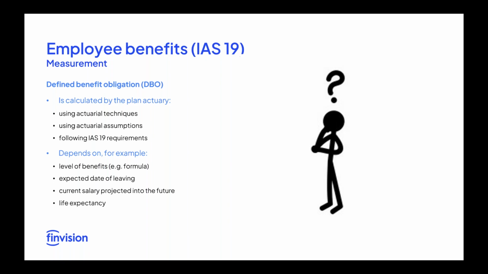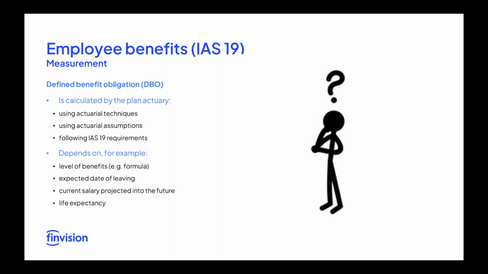IAS 19 clearly describes how you need to calculate the defined benefit obligation. Sometimes, like Hans already explained, you also see different views by actuaries on how they interpret certain requirements. I will come back with a point on that which I have seen recently. I think it was Mercer who worked this way.